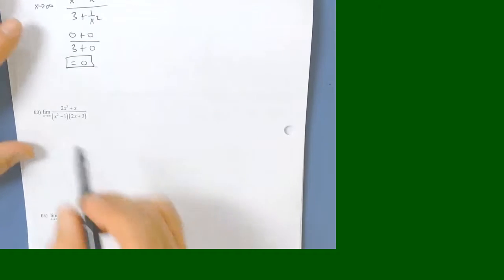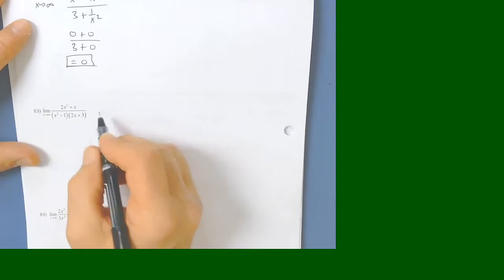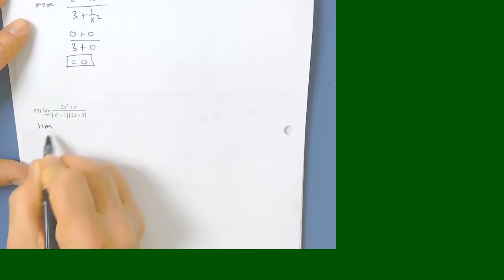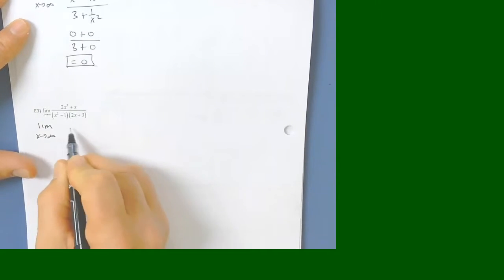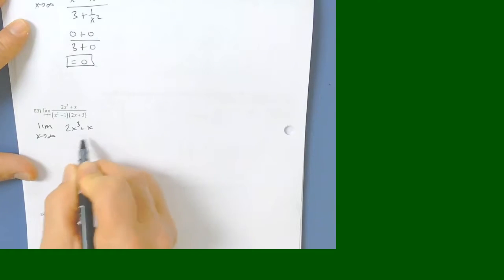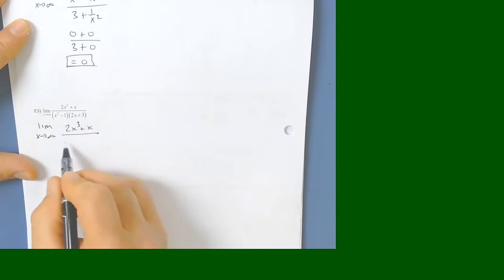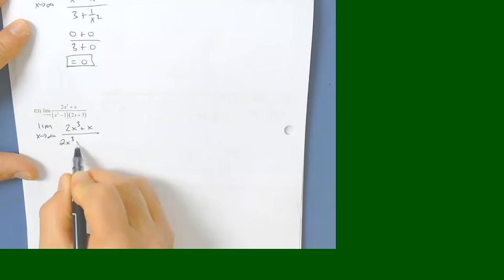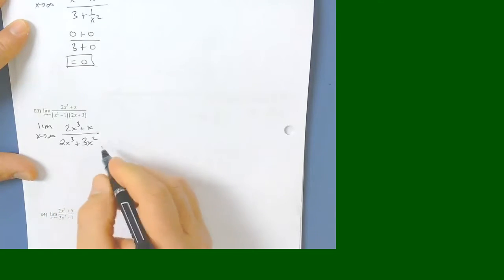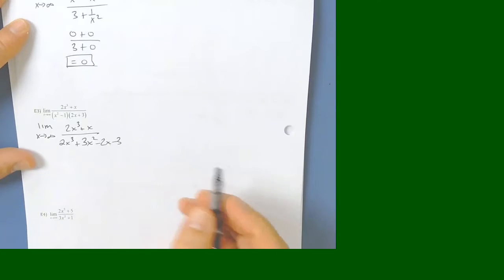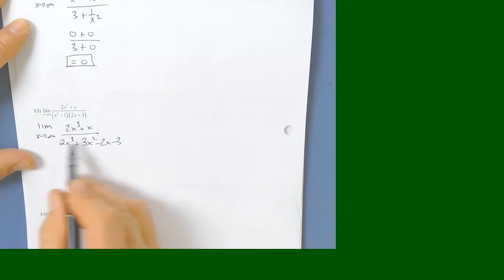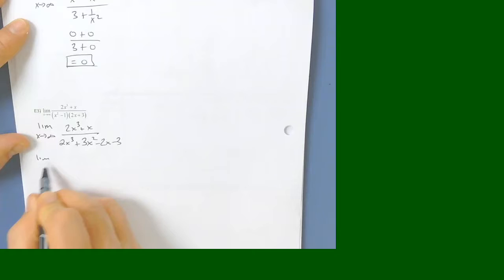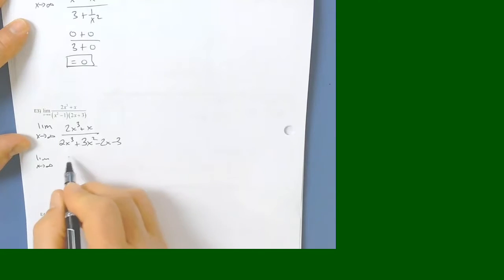We look at example 3. We need to FOIL this out. Limit x goes to infinity, 2x cubed plus x over 2x cubed plus 3x squared minus 2x minus 3. Highest degree is x cubed. Limit, x goes to infinity.